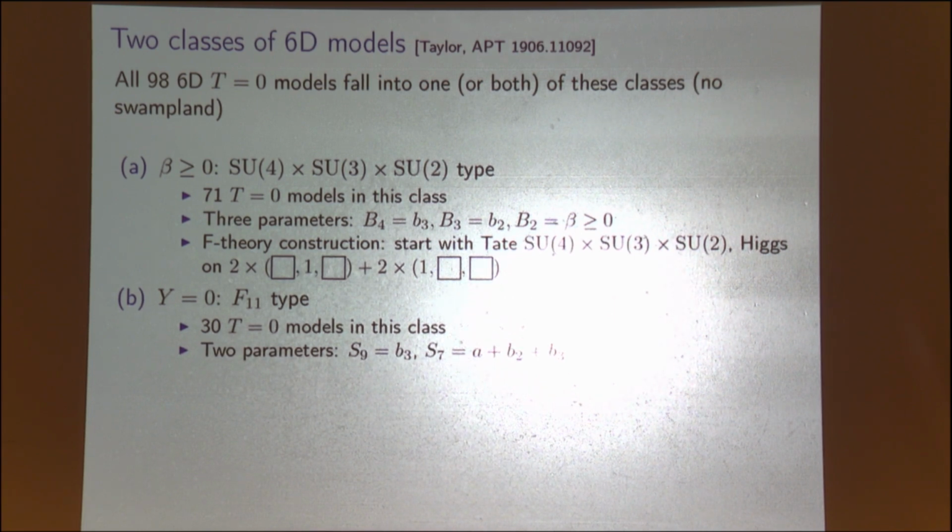To match up with the literature on the F11 type constructions, we can call these S9 and S7. But they're just in terms of the anomaly coefficients we defined on the last slide. These parameters are discrete parameters, right? Yes. So they lie in the string charge lattice.